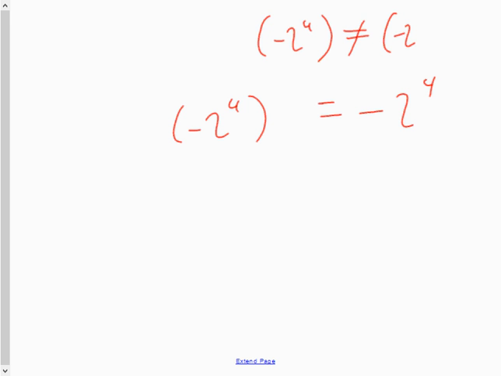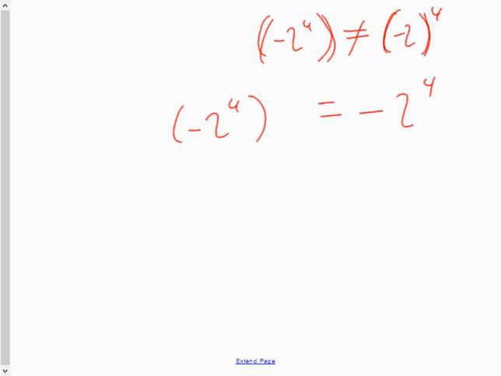Question 3, we have this. Now this is one of those tricky ones, because if you listen to what I just said, it seems like the -2 is in brackets, but the -2 is not in brackets. And what I mean to say by that is this is not the same thing as this. Here the entire power is in brackets, which does not mean the base is -2.